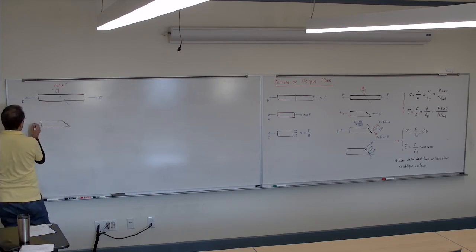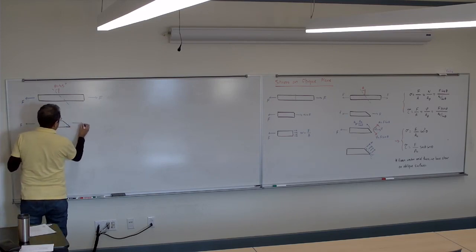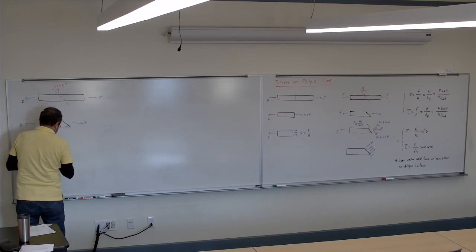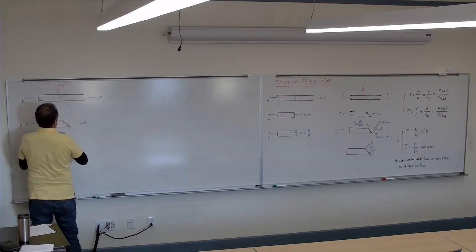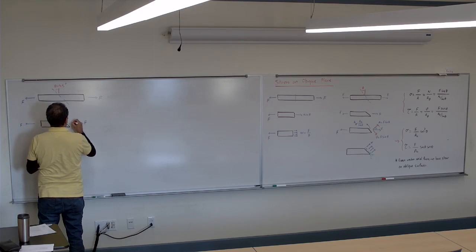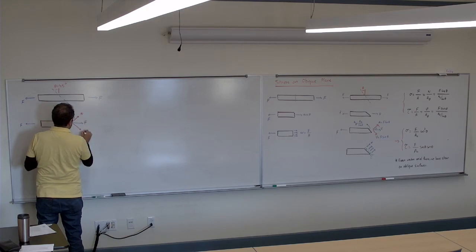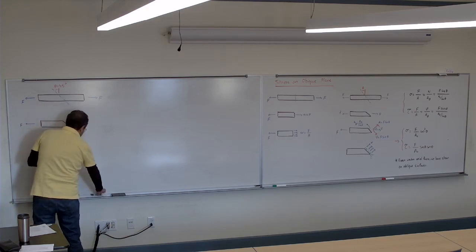That's going to be F. Here I'm going to have its components, N and V, and this is 45.